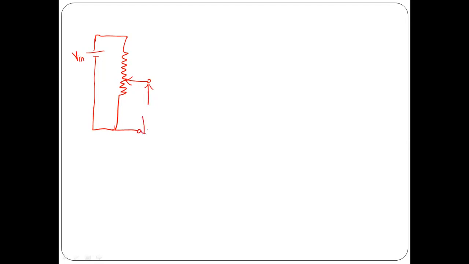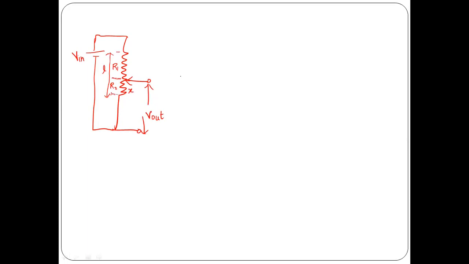This is going to be your V out. Say initially the slider is in this position, and the full length is L. Let the resistance till this portion be R1, the resistance from here to here be R2, and let this distance be X centimeters.